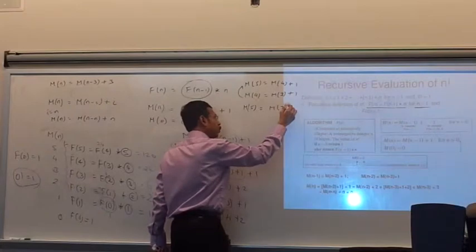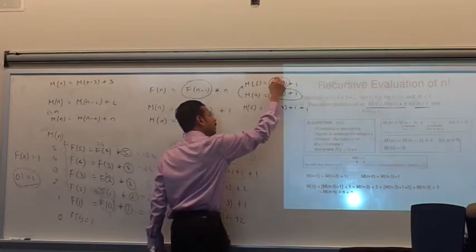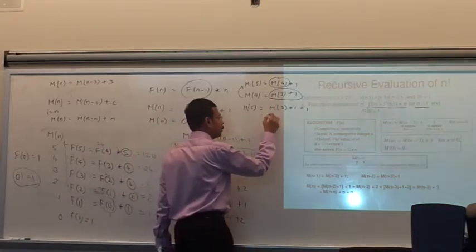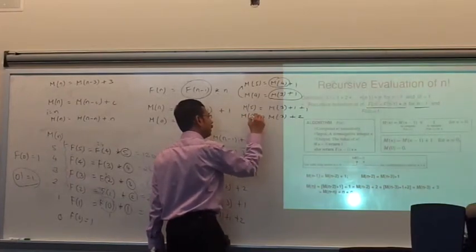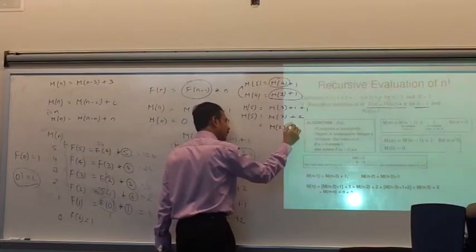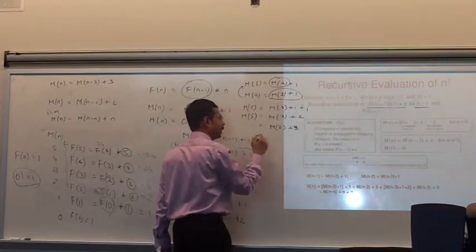M of 3 plus 1 plus 1. This is M of 3 plus 1 for M of 4, then a plus 1 out there. Right? So that is M of 3 plus 2. That is M of 5. And we can substitute this again for M of 2 plus 1 plus 2, right? So that will make it 3.